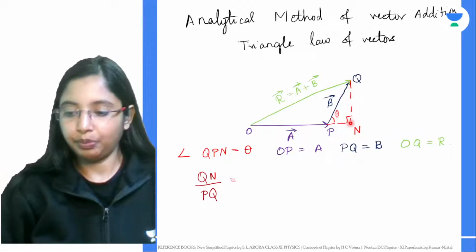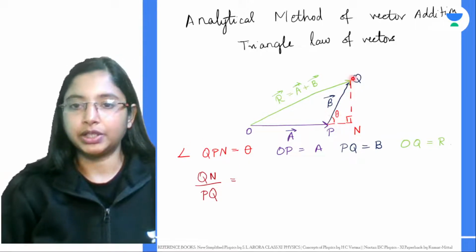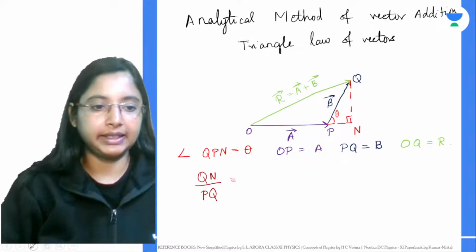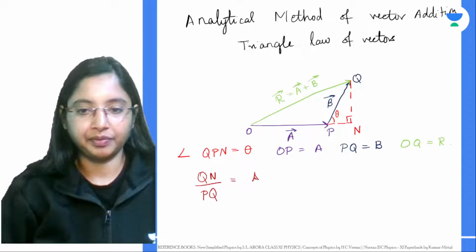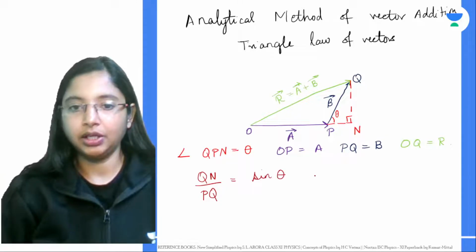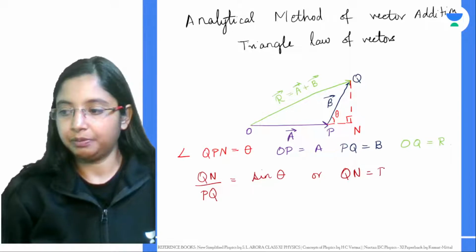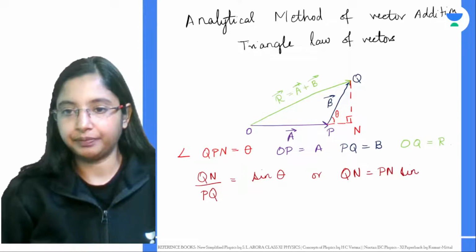So you have your perpendicular with hypotenuse. Perpendicular by hypotenuse gives you sine theta, or you can take QN as nothing but PQ into sine theta.